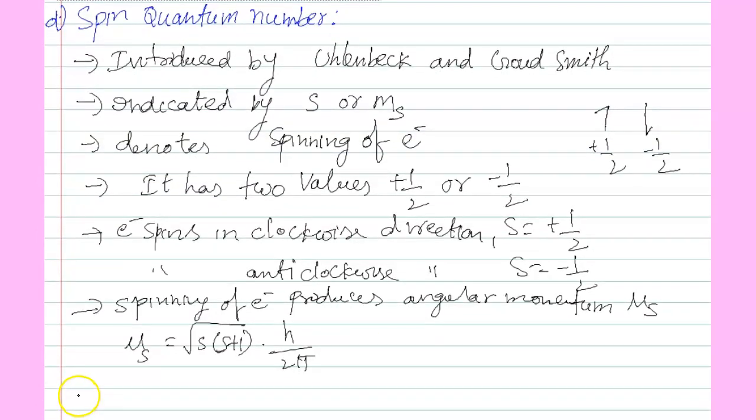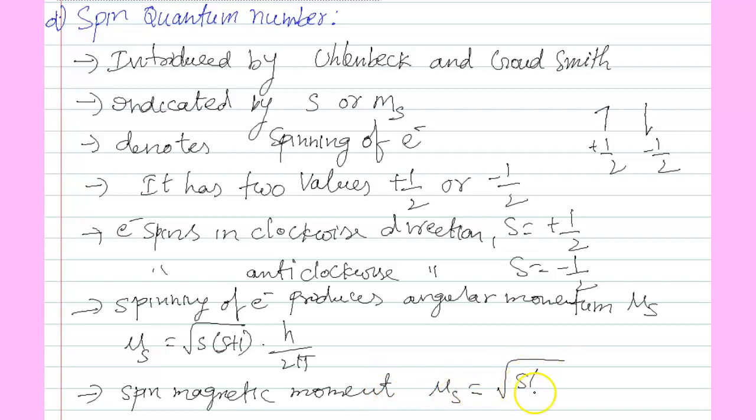One more thing is the spin magnetic moment: mu s equal to square root of s into s plus 1 Bohr magneton. Bohr magneton is a unit, named after a scientist. So square root of s into s plus 1 is for the spin quantum number.